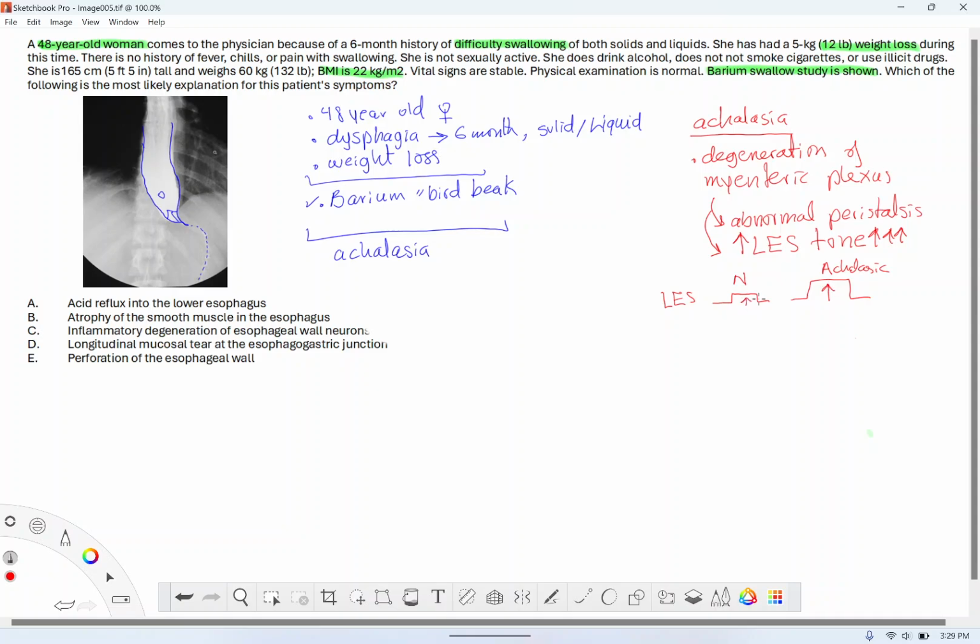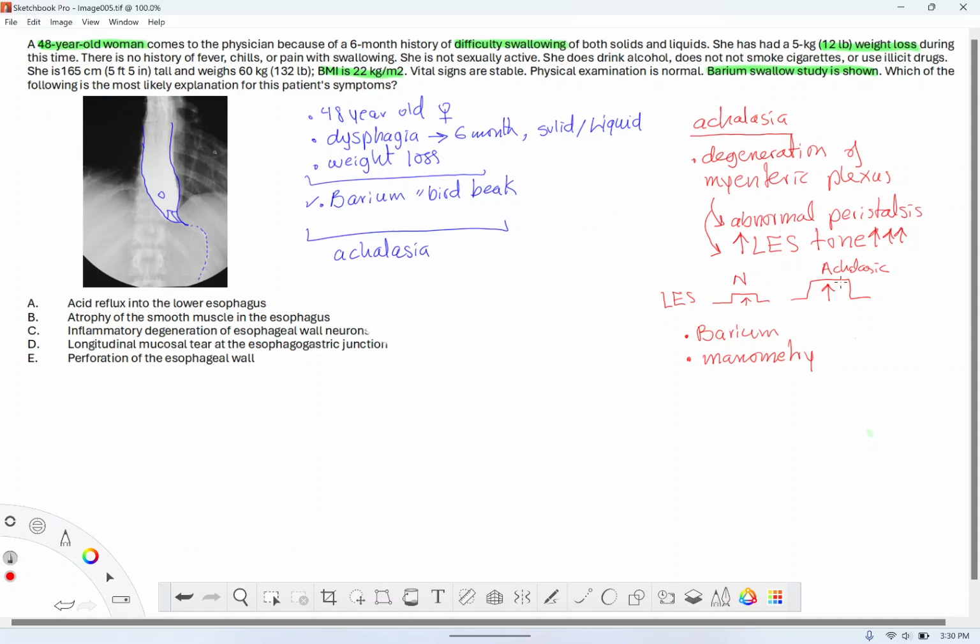So two things you should use to diagnose achalasia. Number one, barium will show you bird beak, and then manometry, which measures the pressure within the esophageal muscle, will show you that LES tone is increased and peristalsis is abnormal, the wave of peristalsis. So those are the things.